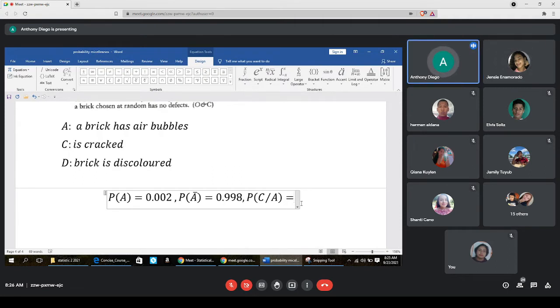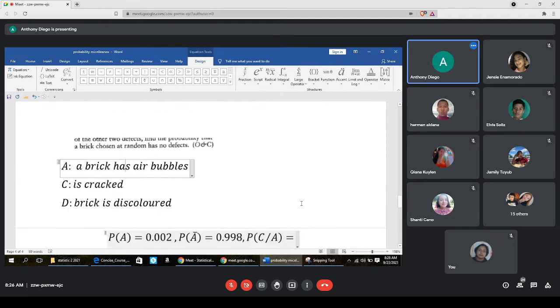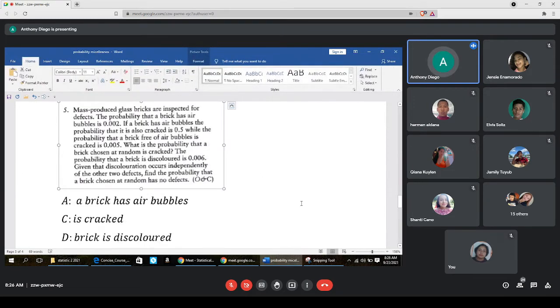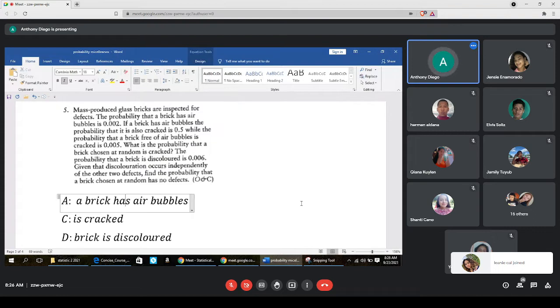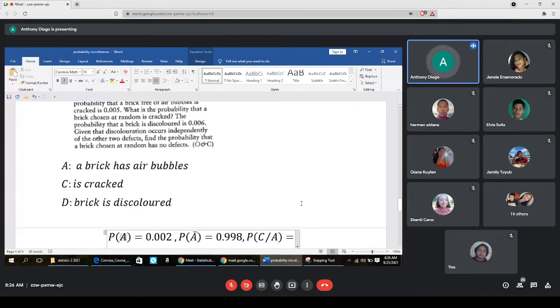Yeah, but we already got this value, which is 0.5. So we don't need to go and solve it, but that would have been the correct formula to have solved it, but they gave us that probability, which is 0.5.